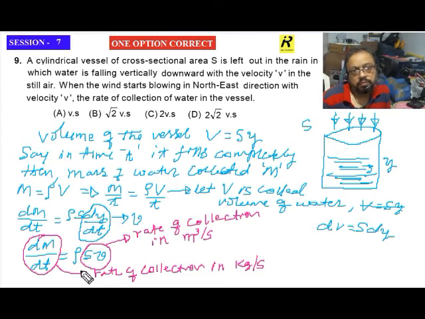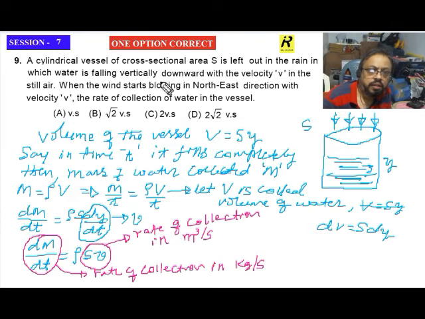So we have to judge in what way we choose the option. In all the given options we are seeing the product Vs. That means the rate of collection in cubic meter per second is probably given. So this thing should be treated.